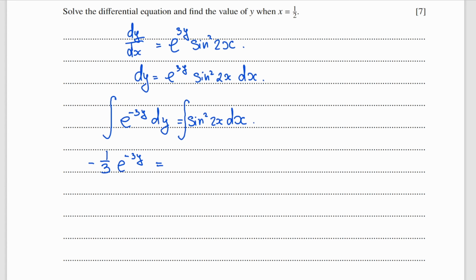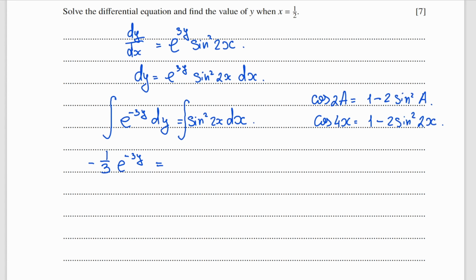So what we can do in this case is to remember that we actually have the double angle formula for cosine, which looks like 1 minus 2 sine squared a. Now, if you actually have cosine 4x, then that will be 1 minus 2 sine squared 2x.